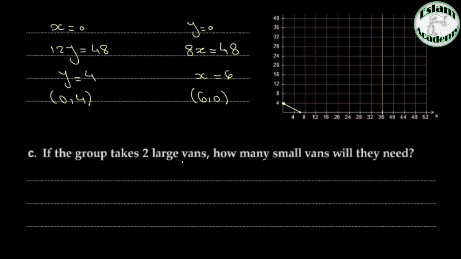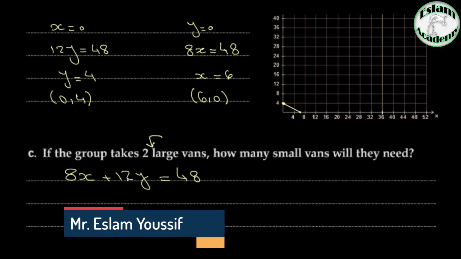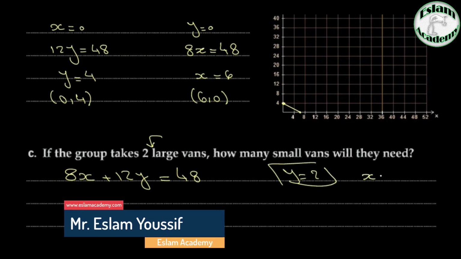It takes two large vans. How many small vans will they need? As we said, the equation is 8 times the small vans plus 12 times the large vans equals 48. If the large is equal to 2, replace y with 2 and find the number of small vans.